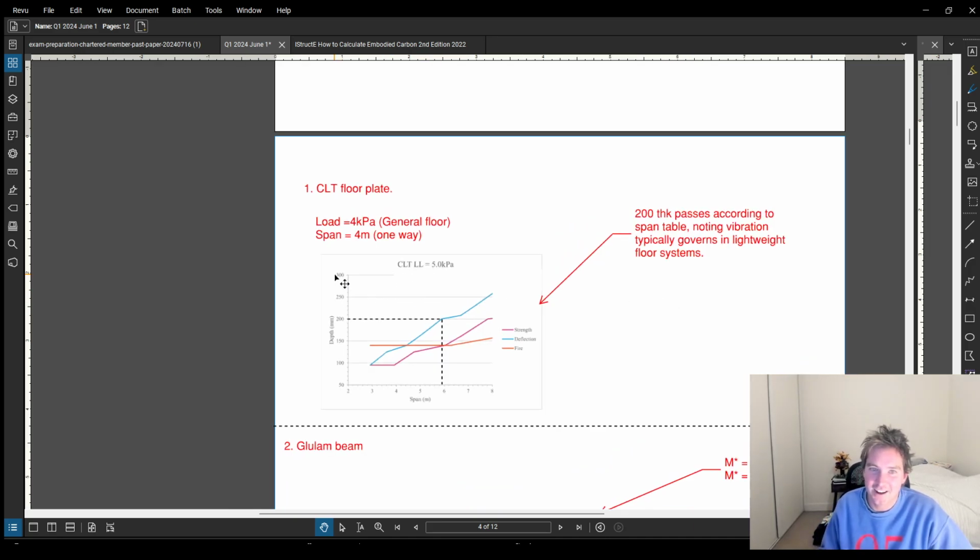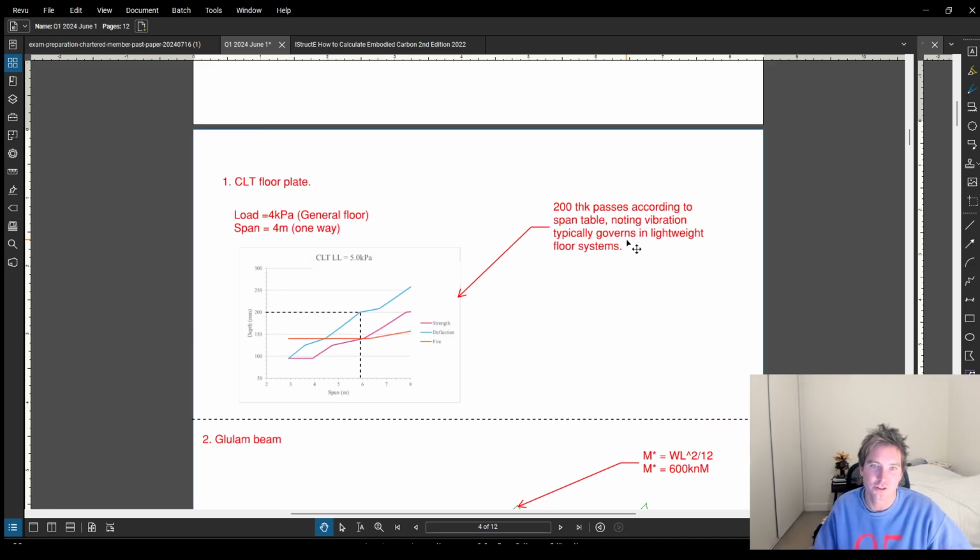I've got a span table which shows how far my CLT spans and the load, and a little graph that I might sketch up in the exam to show that it passes. I'd add some commentary noting that vibration often governs for these lightweight structures, and some notes on durability requirements in terms of avoiding any water ingress.